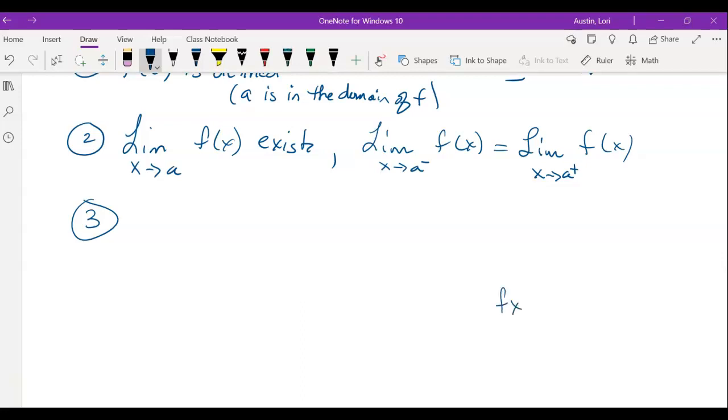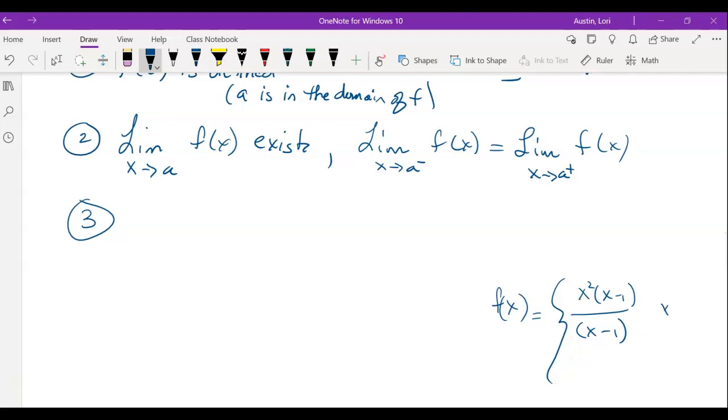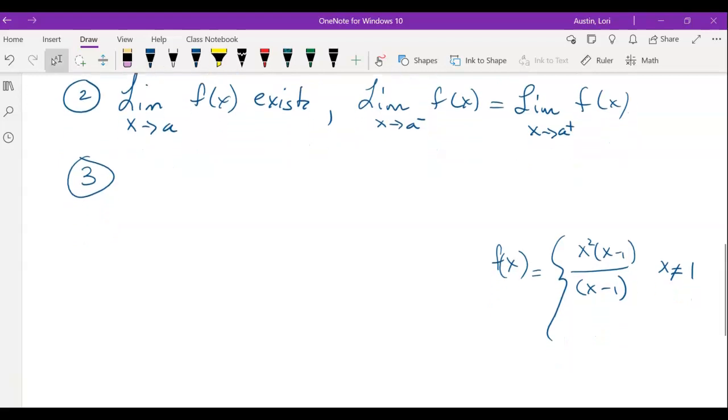Let's suppose it's similar to what we already had. Wasn't that our second function? And I'm going to define that for all values when x is not equal to 1. Okay? So I'm going to create a piecewise function.